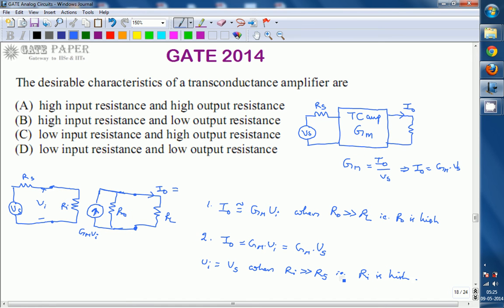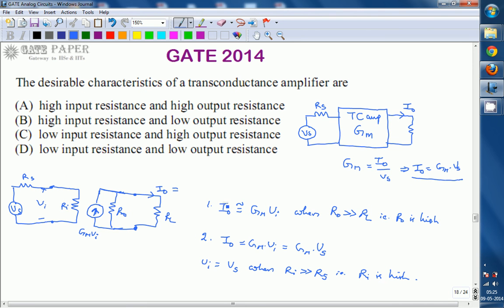If Ri is high, Vi will be Vs, so that I0 equals GM times Vi, that is GM times Vs. And if R0 is also very high, you get the final equation I0 equals GM times Vs.